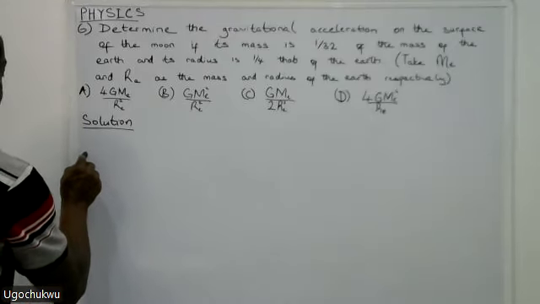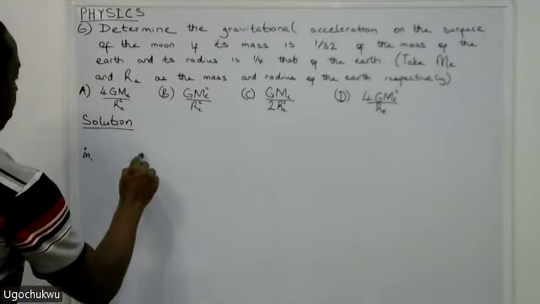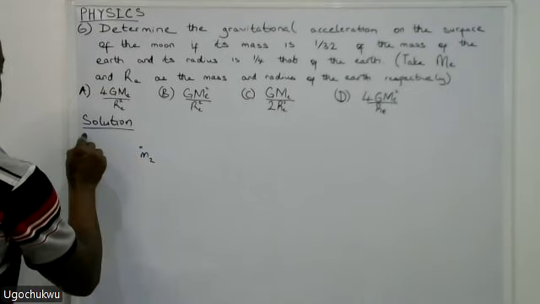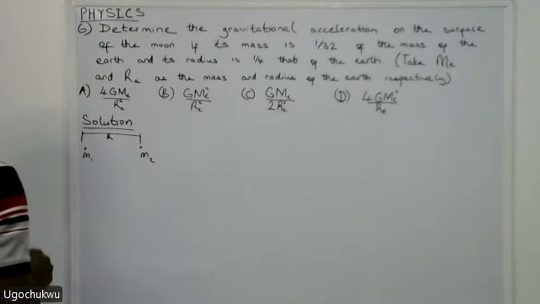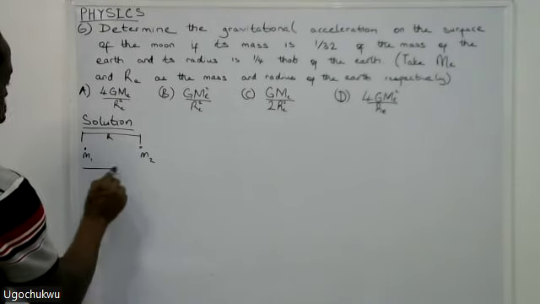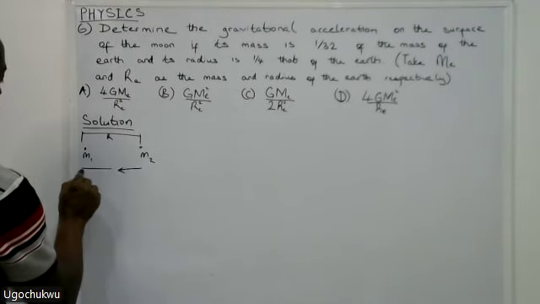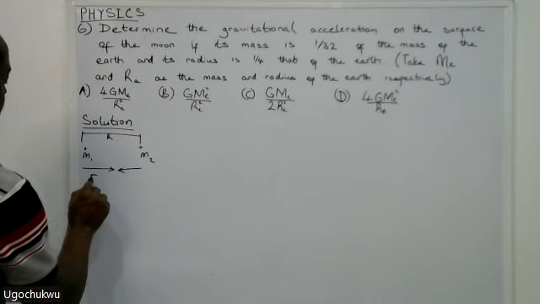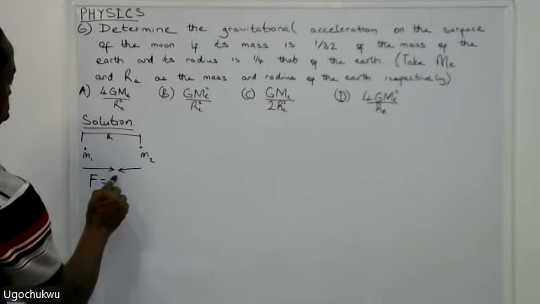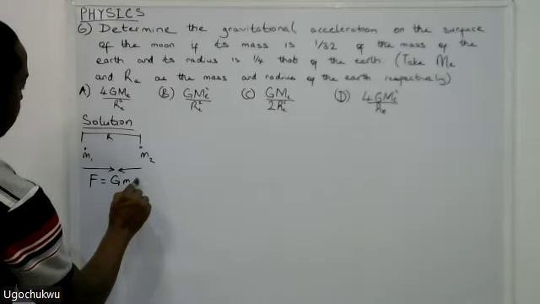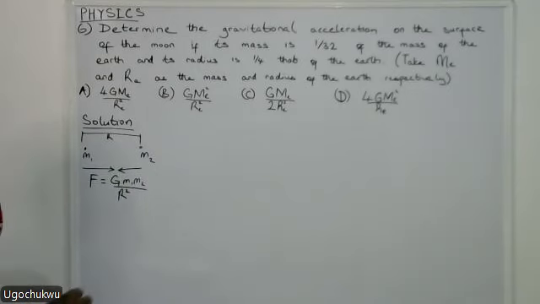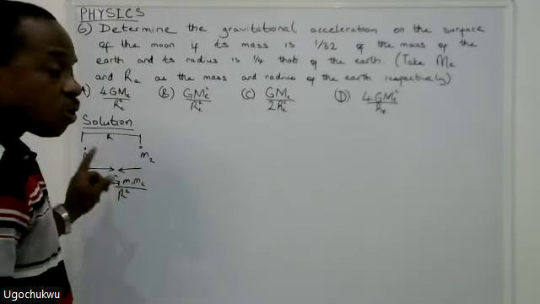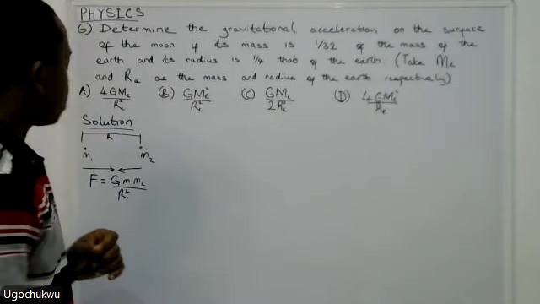It says that when we have two masses, M1 and M2, separated by a distance r, then the force of attraction between the two masses is given by F is equal to G M1 M2 all over r squared, where G is a constant known as the gravitation constant.